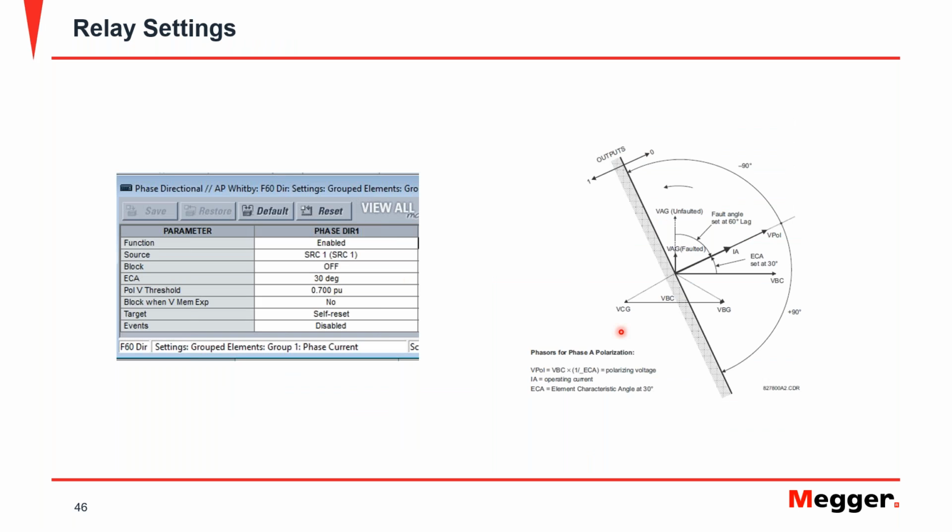The one thing I wanted to show you first is where you would configure the settings of the directional element on the relay. And notice one thing here, ECA. That's one term that I have not touched on in the presentation, because I have talked about MTA, which is maximum torque angle, and I think RCA, which is relay characteristic angle, etc. But ECA is something that's not very common.